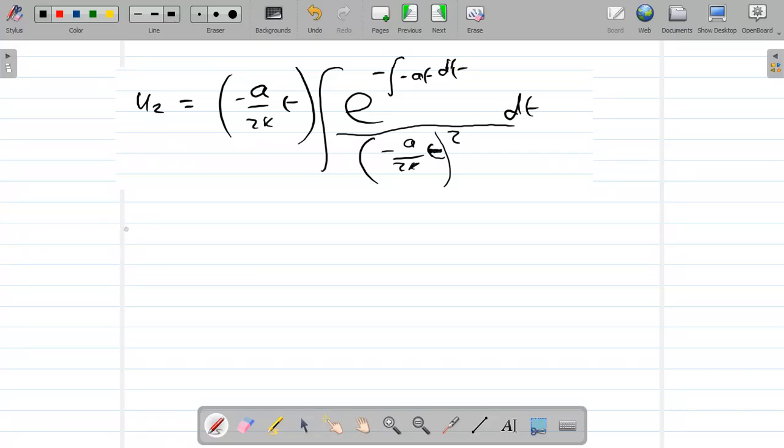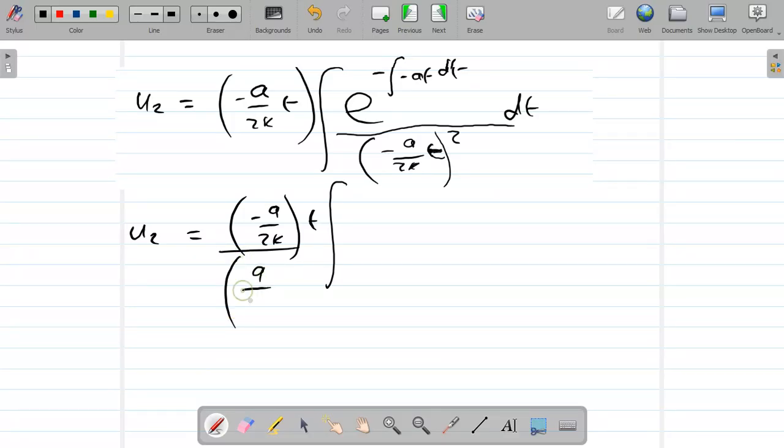Right, so this can be simplified to give u2 equals minus a over 2k. We'll take the 2t outside, and that's going to be divided by a squared over 4k squared. But we'll leave it as a over 2k all squared.